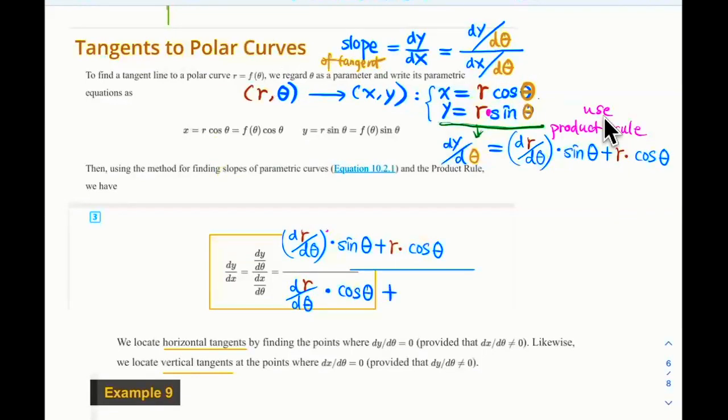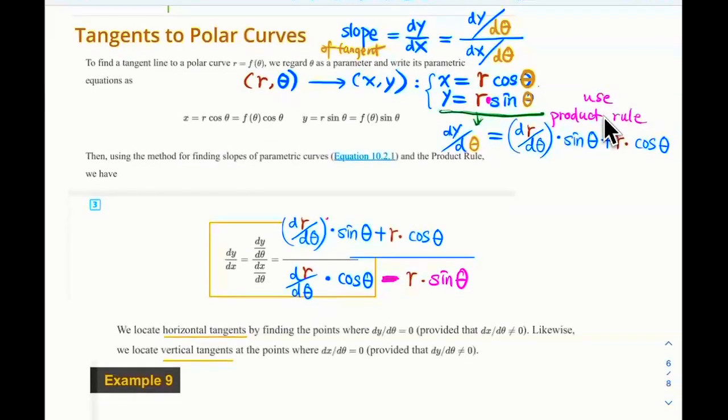And then adding, now we're going to keep the first function unchanged, just r. And then we're going to differentiate cosine θ with respect to θ. What do we get? Negative sin θ. So I'm going to change the sign here. So that is minus r sin θ, right? Okay, so this will be the formula.